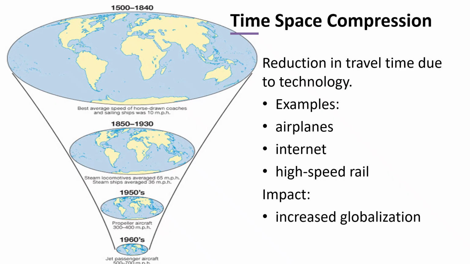The internet's even faster. I need information, I can get it in seconds. Now, the impact of time-space compression is increased globalization because we can see and touch and taste so much of the world now.